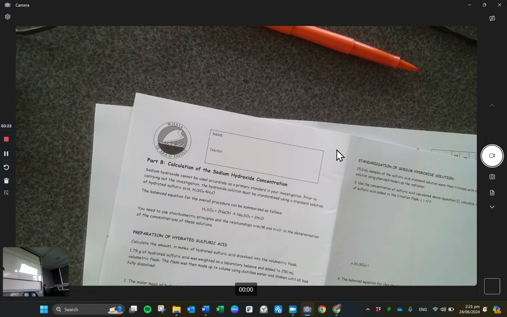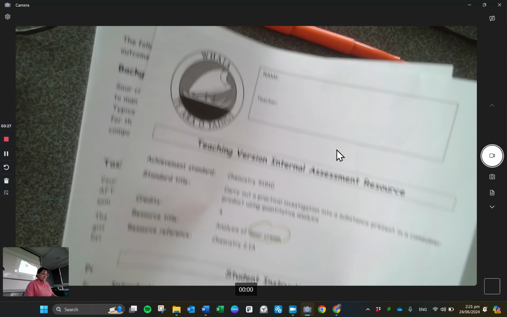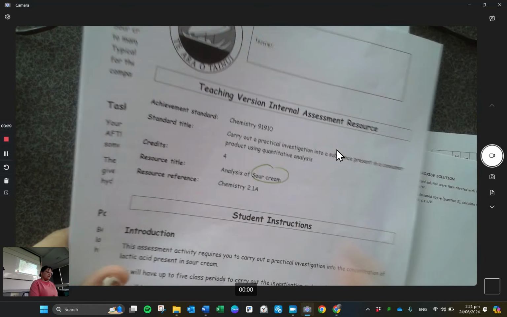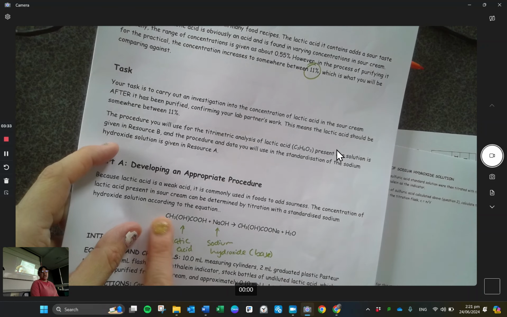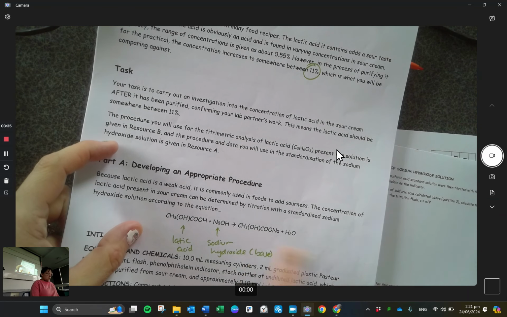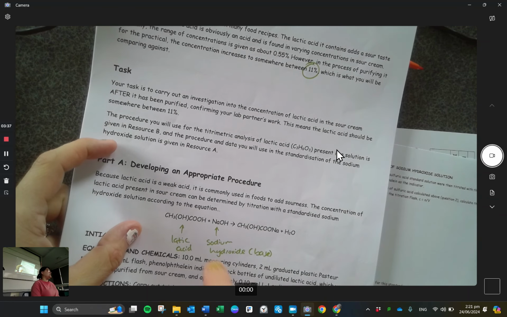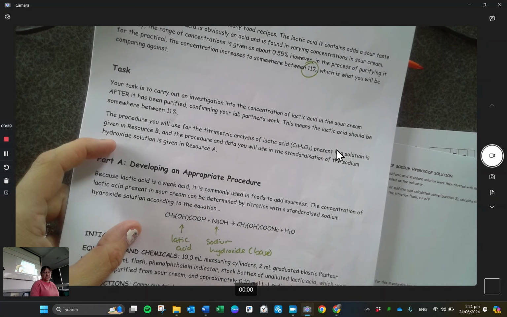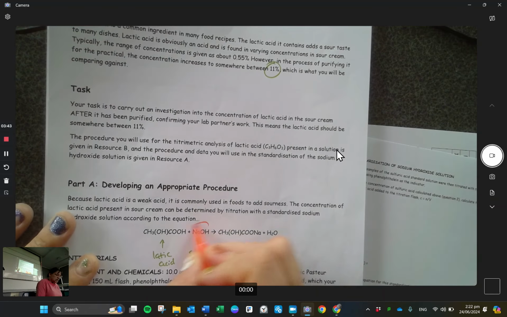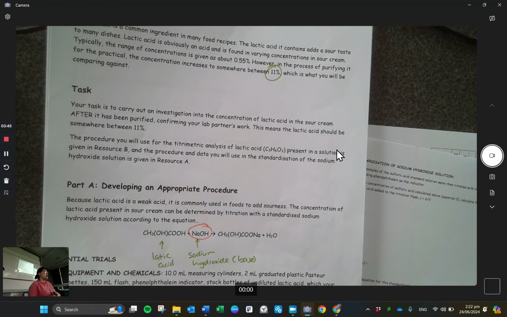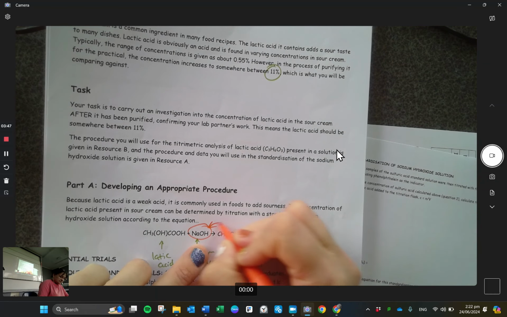Okay. So Part A, if you guys remember, we were testing to see the concentration of lactic acid in our sour cream. And this was this equation here. Now, before I can jump into this titration, what I want to do to make sure I have really good results is confirm that my NaOH is the right concentration.